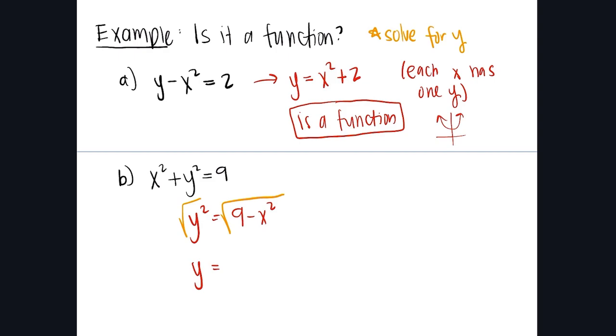Okay. So I'm going to do plus or minus the square root of 9 minus x squared. And then, if I'm looking at this, for every x value you plug in, how many different y values is it going to give you? So if I plug in x equals 1, how many answers do we get? 2.